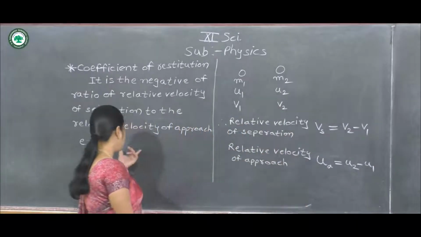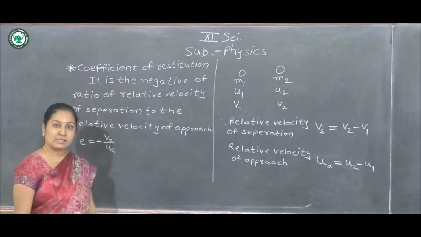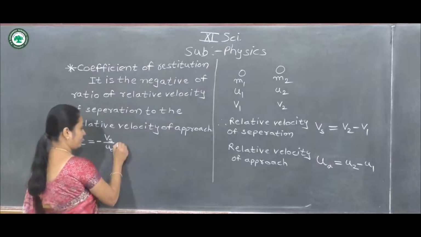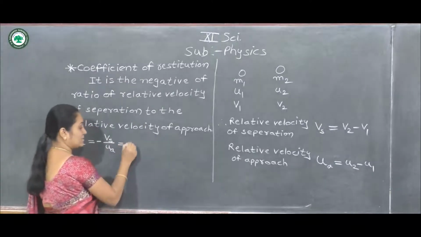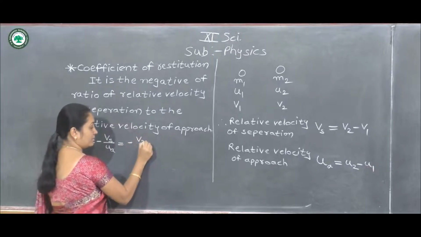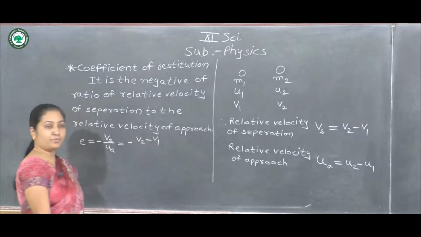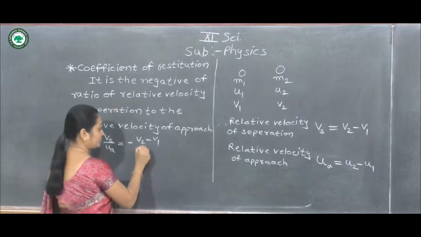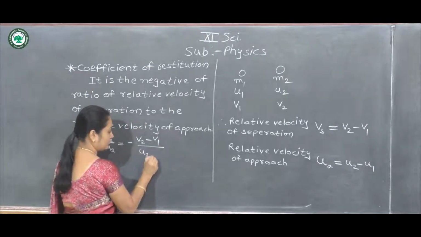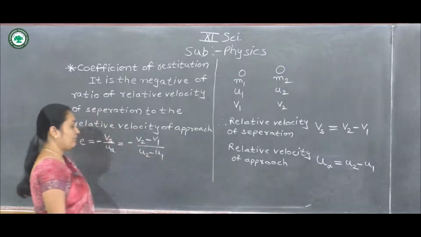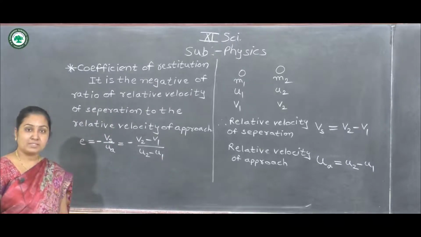If we substitute these values, we have e equal to minus (V2 minus V1) divided by (U2 minus U1).